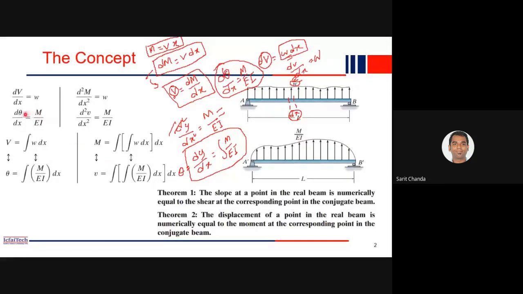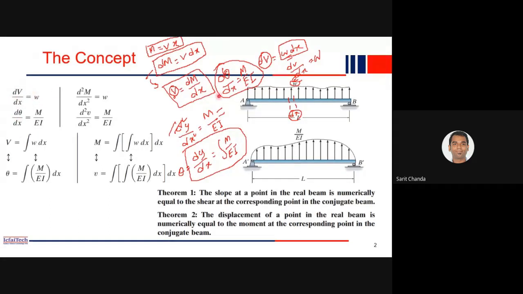So from the similarity between both, this is another imaginary beam where w equals M by EI, whereas V is the shear force, but in the imaginary beam it is theta. When I solve a problem, this concept will be more clear to you. This is just a similarity between this beam and this beam.